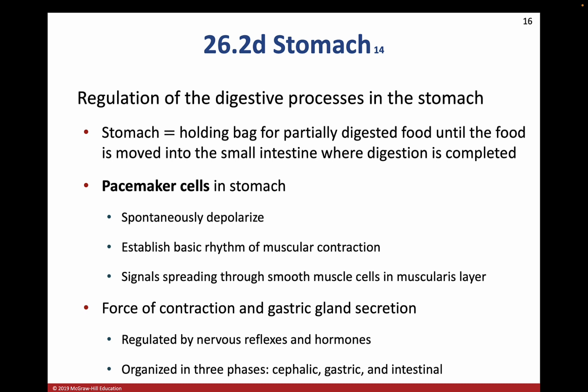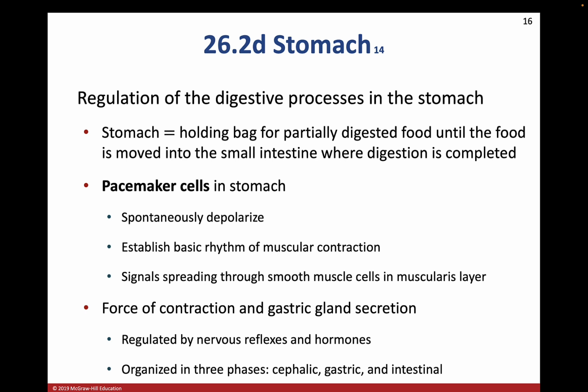And when we start thinking about pacemaker cells, coordinated contraction, and gap junctions, those typically we associate with the heart. But this is not the case. Digestive processes are especially coordinated, so we're going to find pacing cells, we're going to find gap junctions.